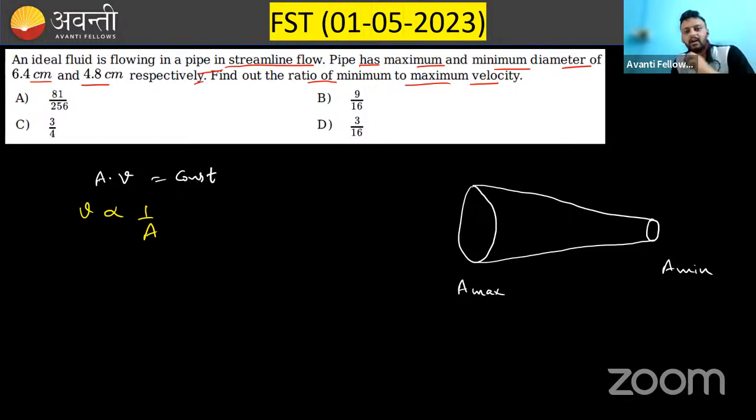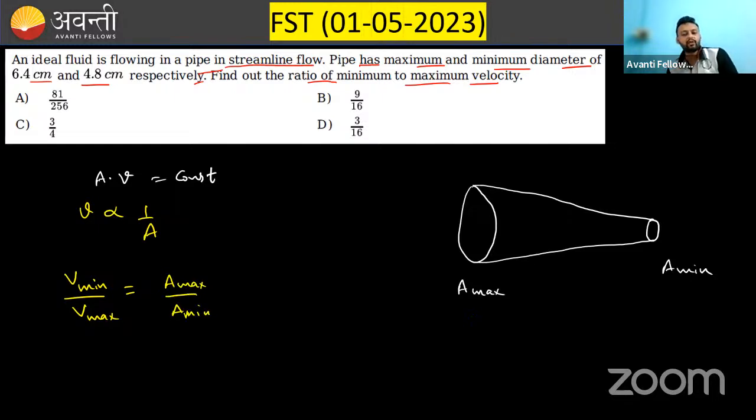Find out the ratio of minimum to maximum velocity, that means minimum velocity over maximum velocity. It is reciprocal to area, na? When velocity is minimum, area will be maximum. So that is going to be A max by A minimum.